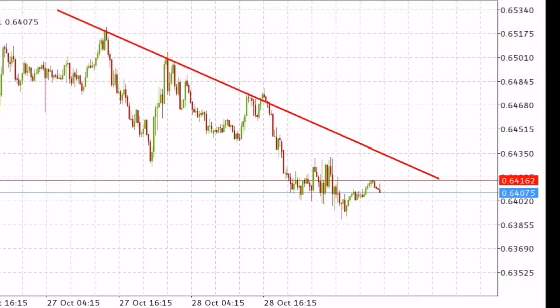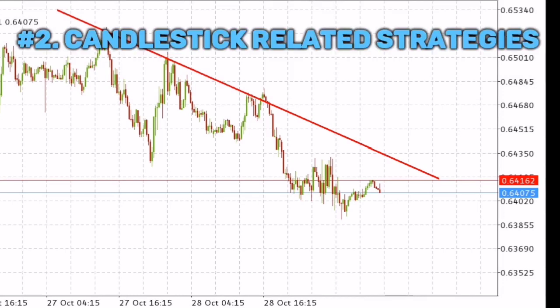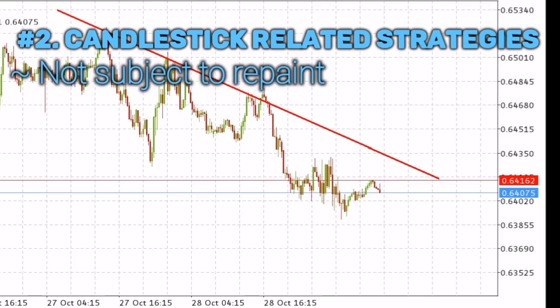The second type of strategy that you can consider starting out with in Forex is a candlestick related strategy. The reason why candlestick related strategies are effective is because candlesticks are not subject to repaint.